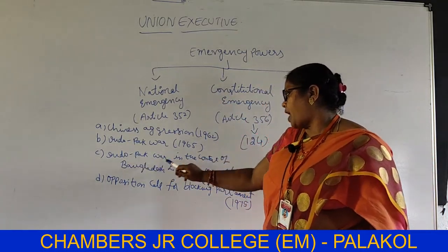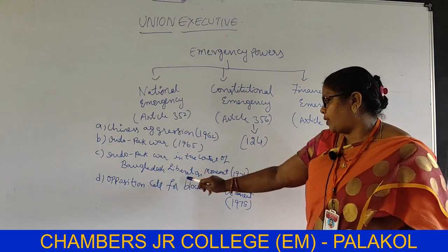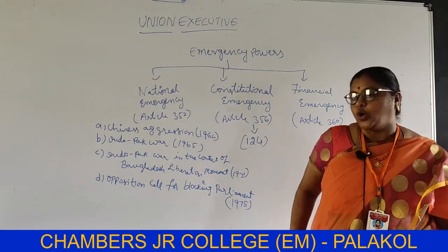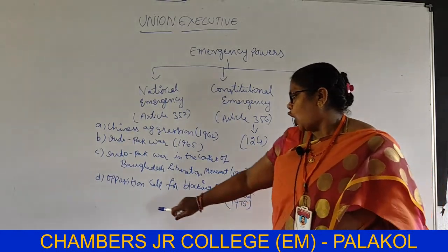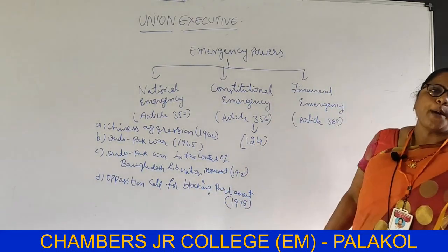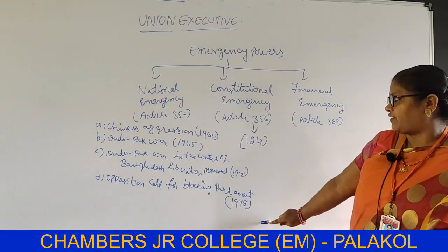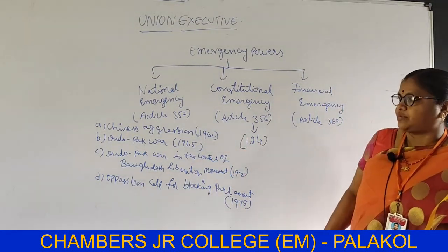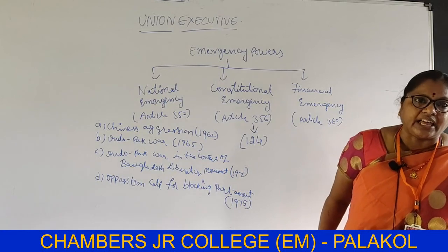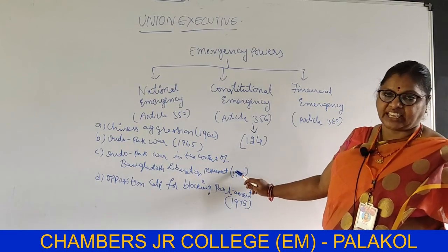And the Indo-Pak war in the context of the Bangladesh liberation movement in 1971, and the opposition's call for blocking Parliament in 1975. So far, 1, 2, 3, 4 times they announced a national emergency.